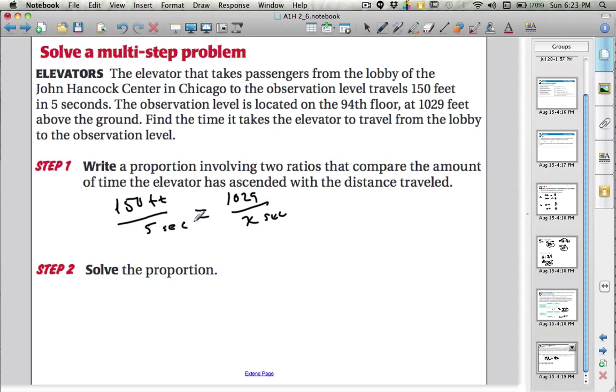And then if I solve that proportion, I'll get 150x is equal to 5 times 1,029. You can see again I can divide both sides by 5, so 5 goes into 150 30 times. So x would be equal to 1,029 divided by 30.